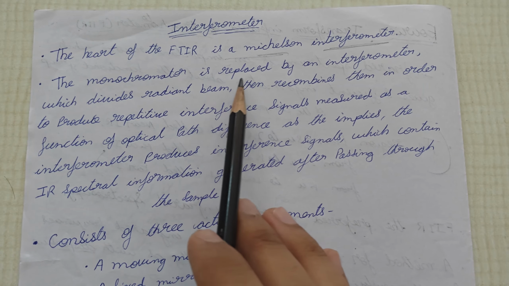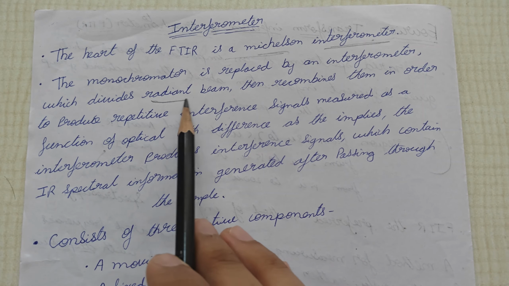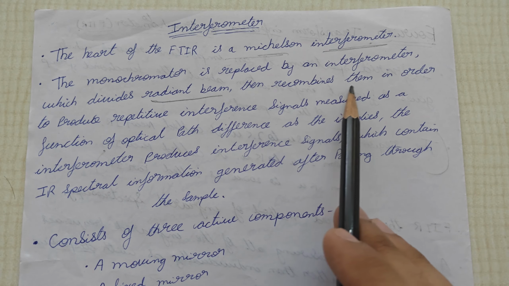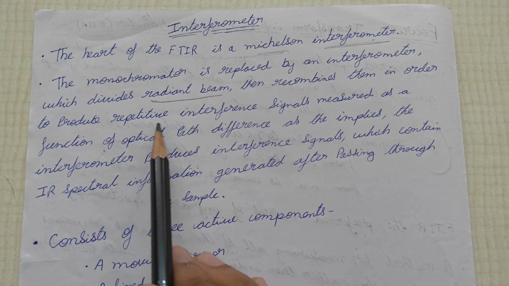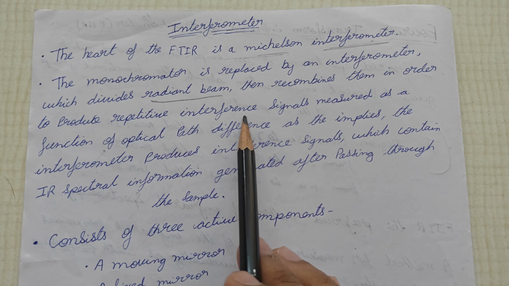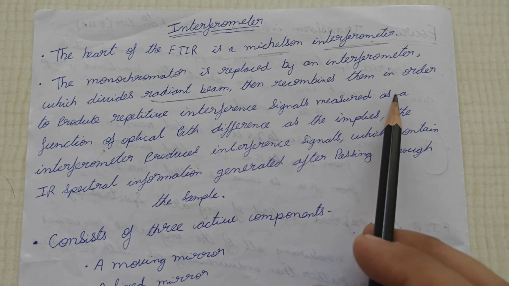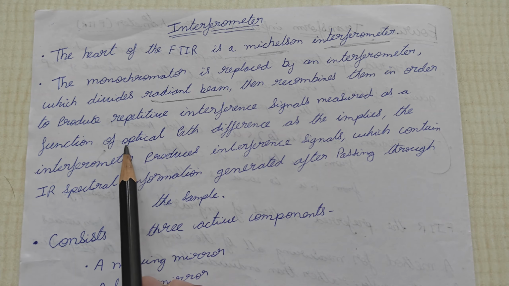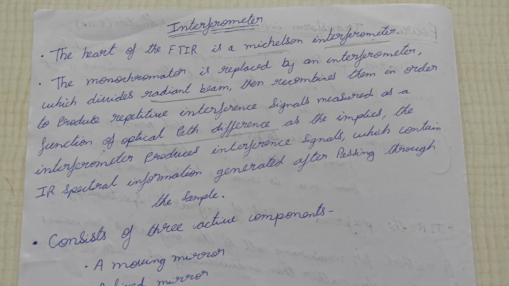The monochromator is replaced by an interferometer which divides the radiant beam, then recombines them in order to produce repetitive interference signals measured as a function of optical path difference.